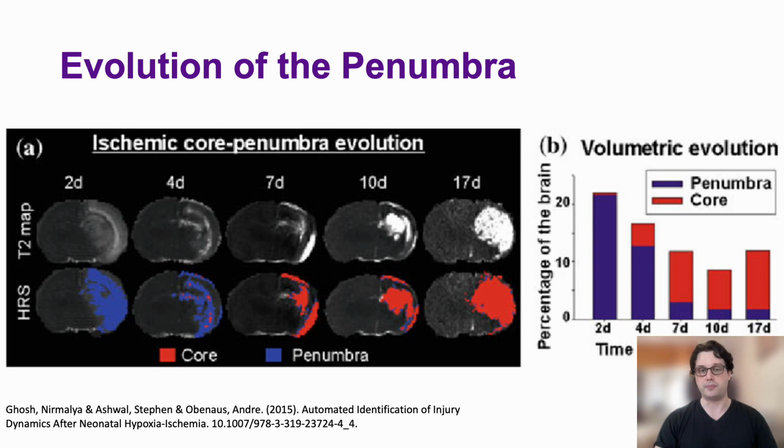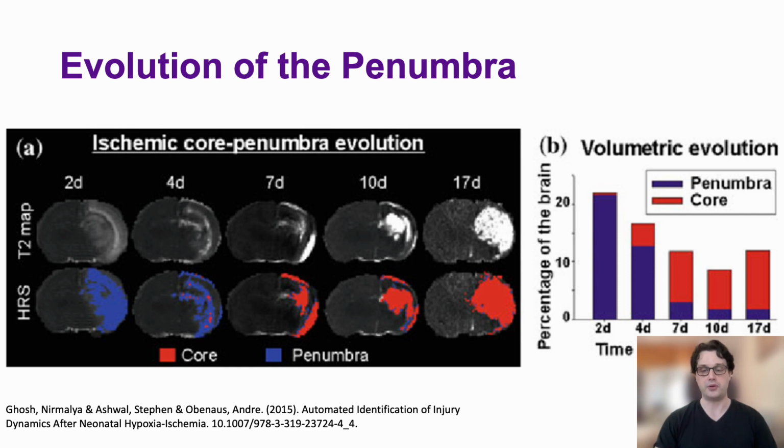Taking a look at the evolution of the penumbra, so comparing the ischemic core versus the penumbra, we know that over time the ischemic core will actually begin to grow, and the penumbra will actually begin to disappear because we have more swelling within the ischemic core.